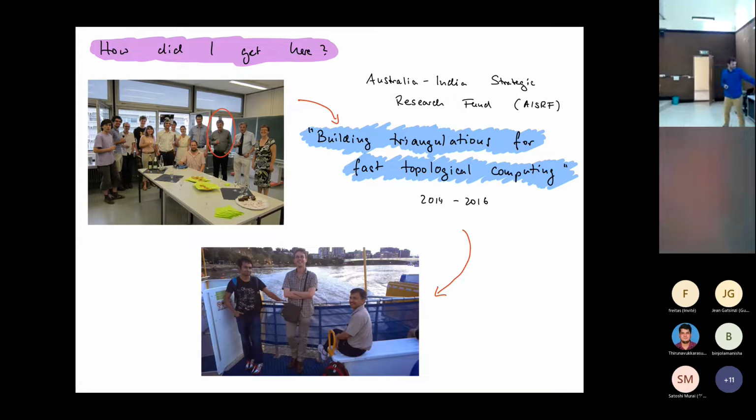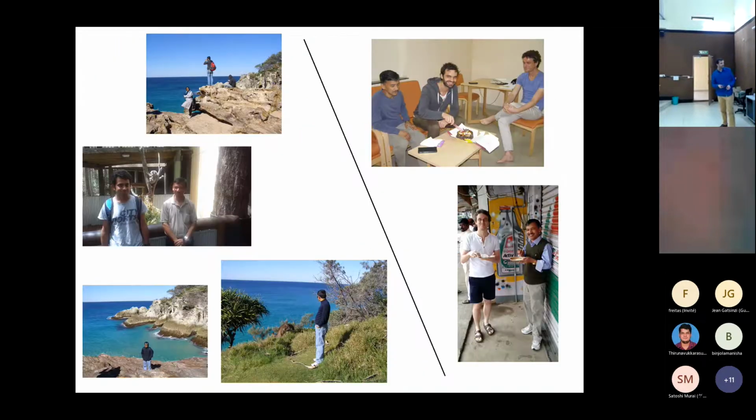As a result, in 2014, we had Nitin and Basudeb visit the University of Queensland, together with Ben Burton, who gave a talk earlier today, on the world famous city cat on the river in Brisbane. And we also did other things as well.